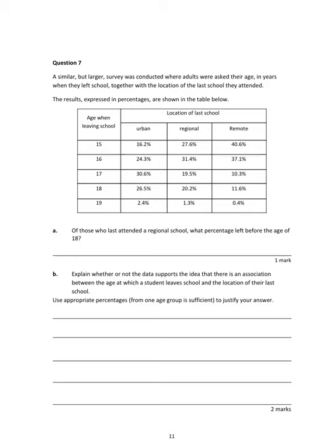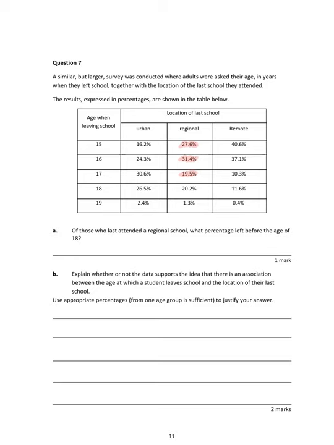Question A: of those who last attended a regional school, what percentage left before the age of 18? The key word there is before, and we're looking at regional schools. So we don't want to include the age of 18 in regional schools. We go to regional, and that means we want 17, 16, and 15.